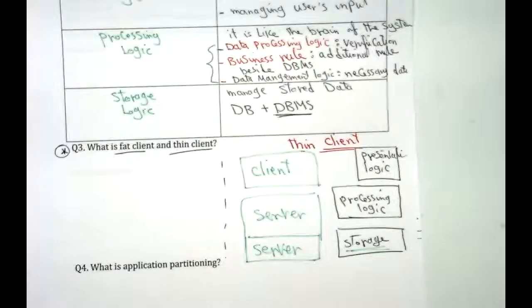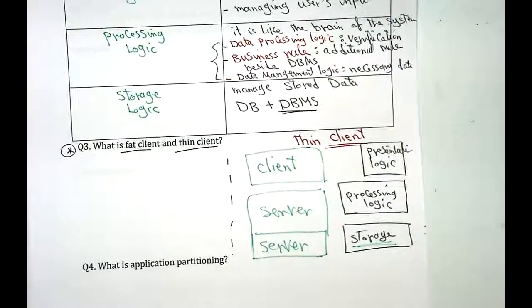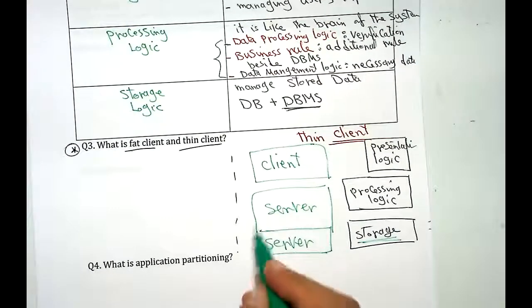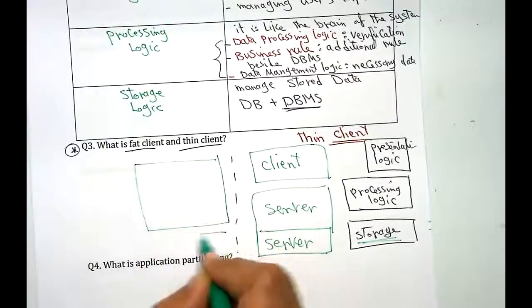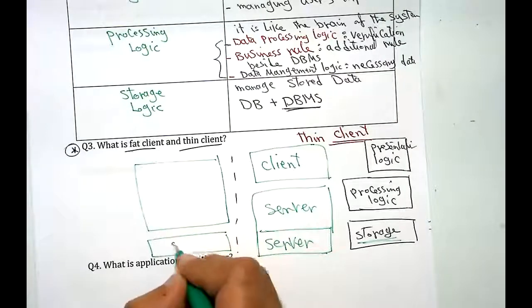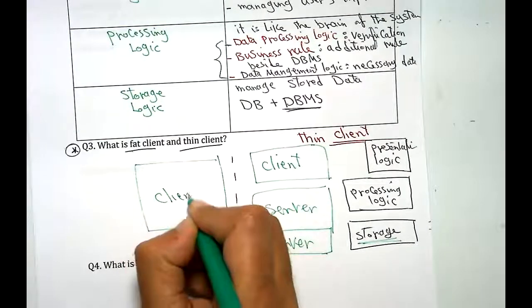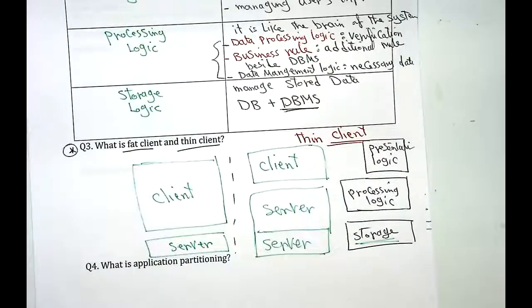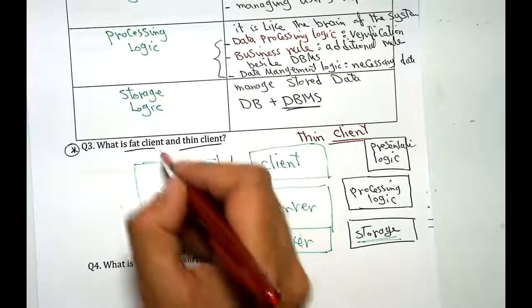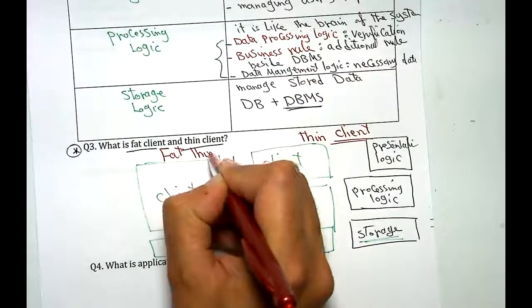And I assume you can figure out now what a fat client is. So we have a server and we have a client. This is called a fat client. We don't insult the client, this is just a fat client.